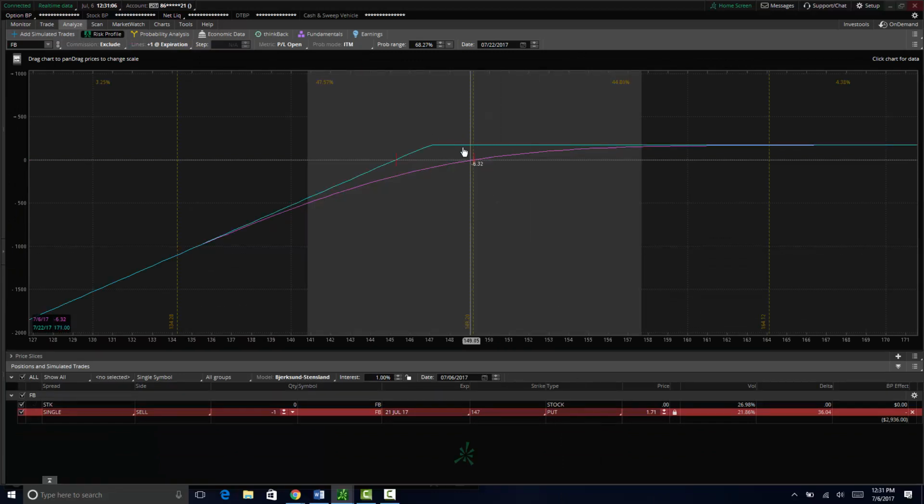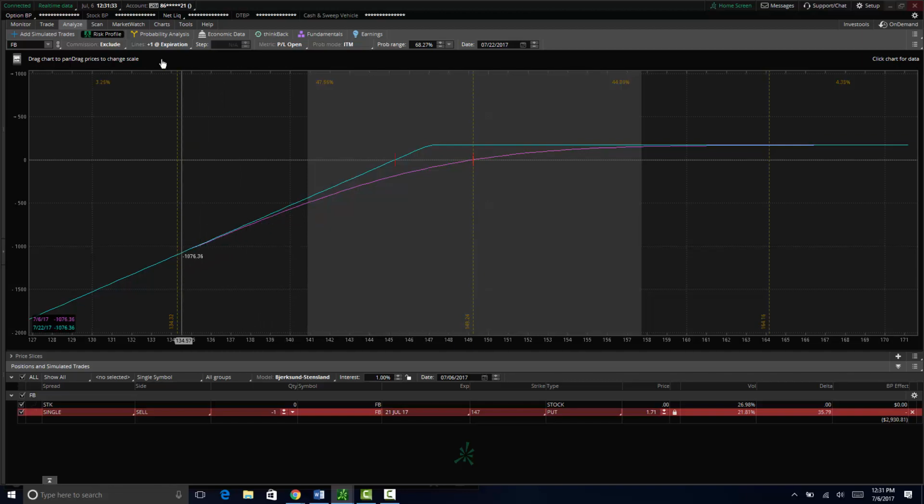I collect my $1.71 as long as Facebook is above 147. And you take 147 minus 1.71 to get your break even, which is about 145.31 or so. The problem is, what if Facebook goes lower, let's say to 140? Then I lose possibly $500, if not more, if it continues to go down and down.